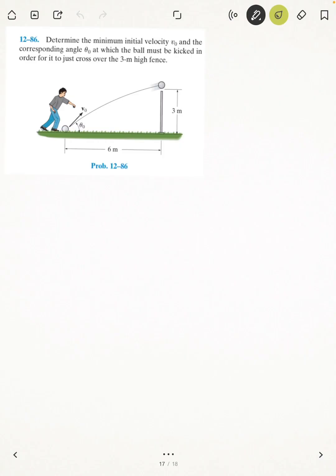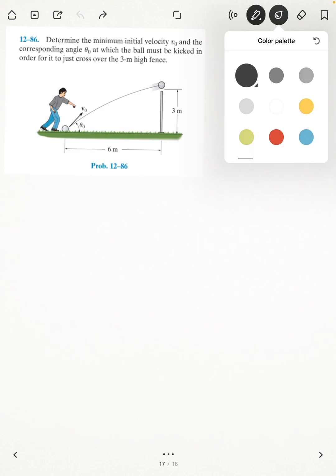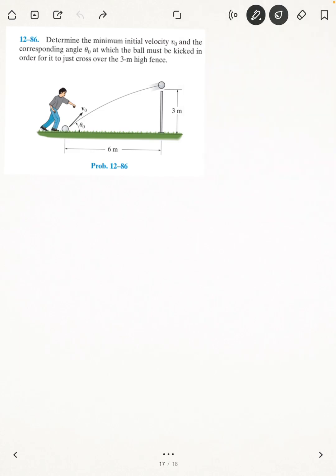We'll solve one exercise for this subchapter. That is exercise 12.86. If you look at this exercise, this is a very interesting problem.